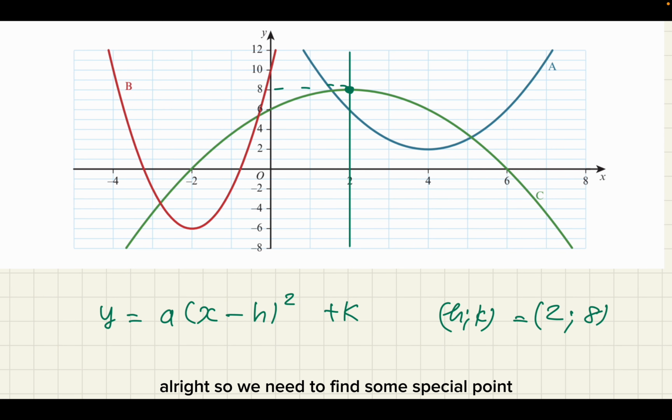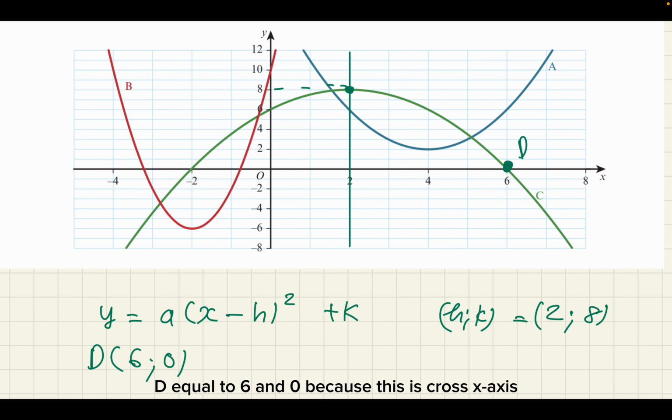We need to find some special point. I'll put this point here and call it D. D equals (6, 0) because it crosses the x-axis, which means y equals 0.